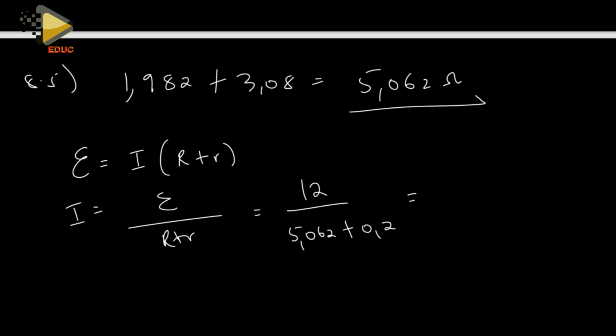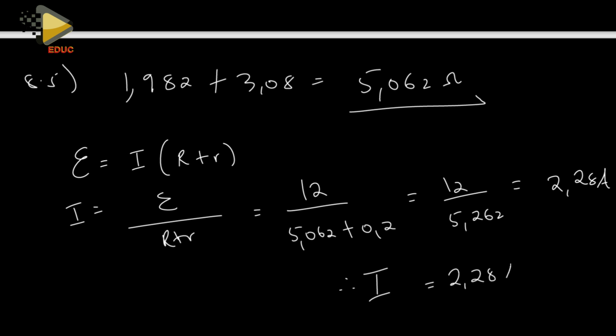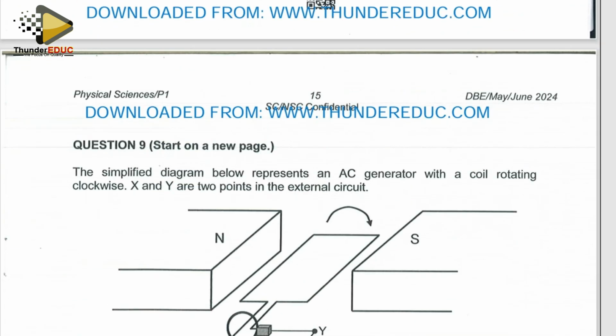This is 12 over 5,262, then that gives me 2,28 amps. Therefore, the new ammeter reading is going to be 2,28. Just round it off to 2,3. So that is what I end up with for question number 8.